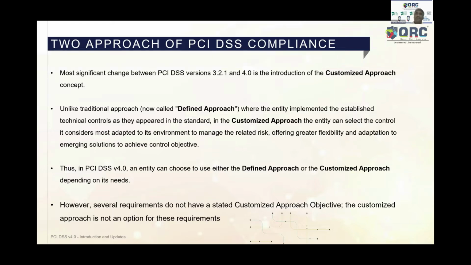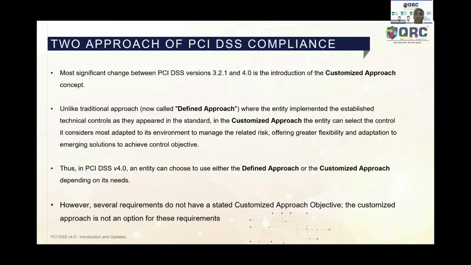When it's the traditional approach, as we saw earlier in 3.2.1, organizations can directly implement the PCI requirements and the controls as mentioned in the standard. That is one part. And even as assessors, we stick to those particular testing procedures to test the controls and confirm whether they are in place or not.